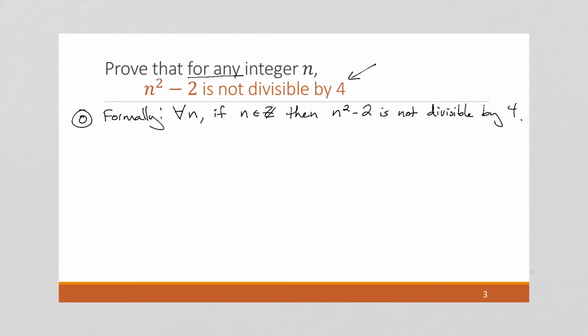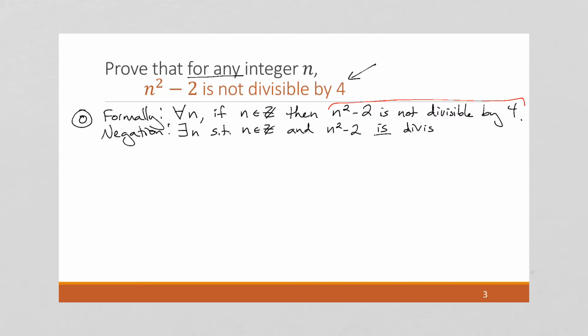Now, I can put my negation down. It's also part of step 0. I'm going to negate this statement. I'm going to say there exists an n such that n is an integer, and now remember I want the opposite of this part over here. So n squared minus 2 is divisible by 4.